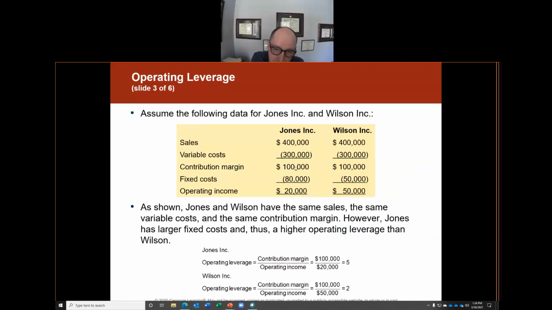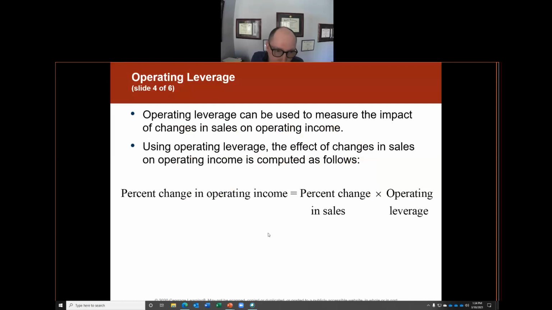Sales minus variable cost equals contribution margin, minus fixed cost equals operating income. To find the operating leverage, we take your contribution margin divided by operating income. The higher the leverage, the better. And of course, you can find percent changes in operating income.